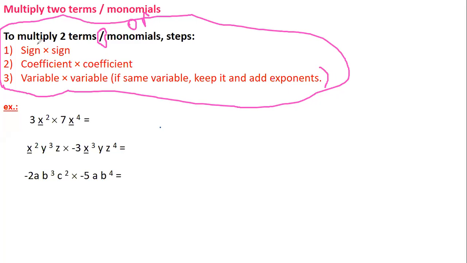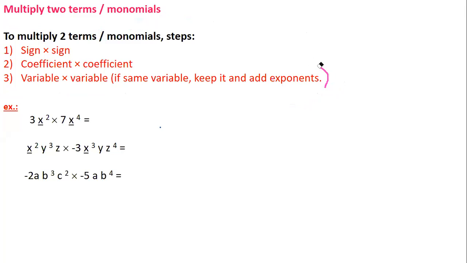If the variables are the same, we add their exponents. Right, guys? Miss, are the steps of multiplying two monomials clear now?